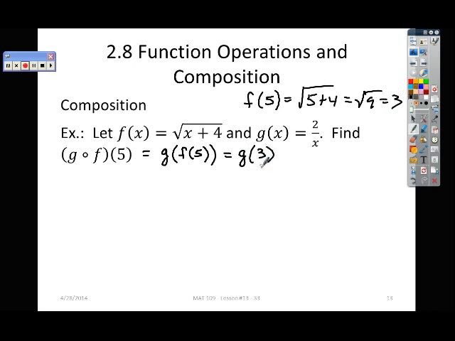Rather than putting the formula in there, do the calculation and get a number. Put the number then into the second argument rather than that expression. Well, g of 3, though, if I look at this definition, is 2 over 3, and that's my composed function.